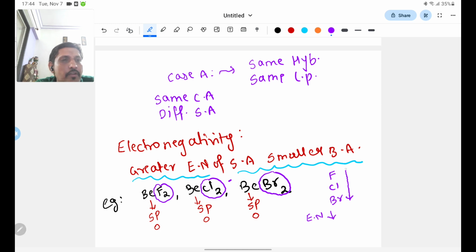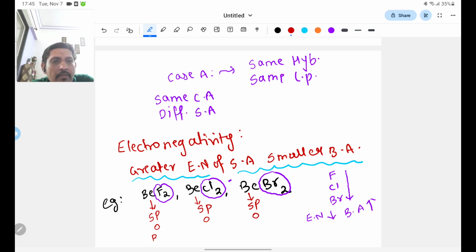So as we move from top to bottom, fluorine, chlorine, bromine, electronegativity decreases, so obviously the bond angle increases. Students, what will be the order? The highest bond angle will be of bromine, because the electronegativity of bromine is the least.